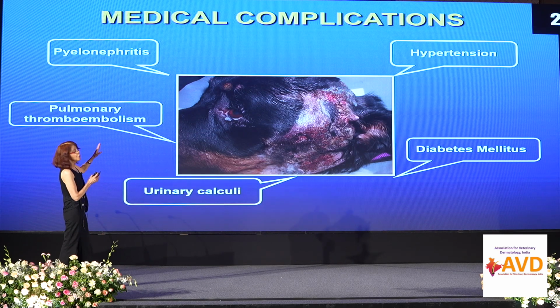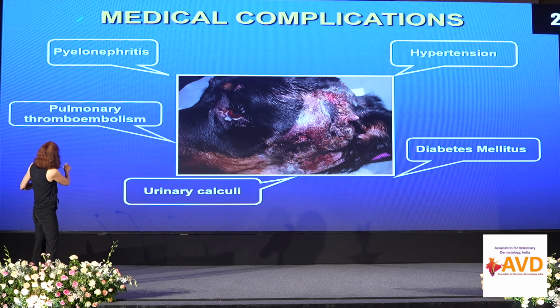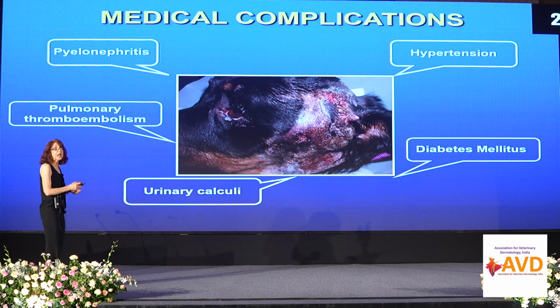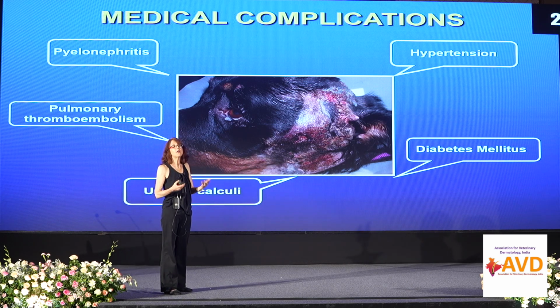So, medical complications with Cushing's. Pyelonephritis: these dogs are prone to develop UTI. Not always will it be symptomatic, okay, because of the diluted urine. So they have polyuria, but don't have pollakiuria. You don't see that in these dogs.